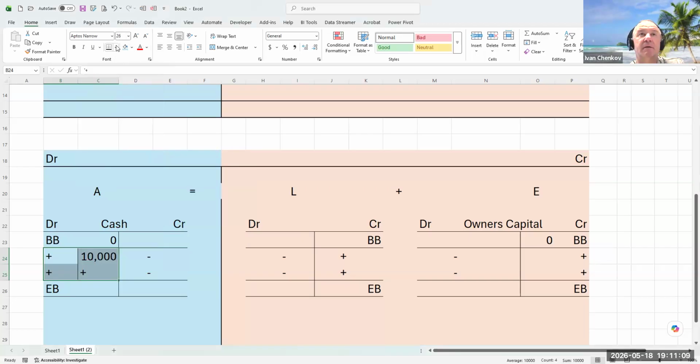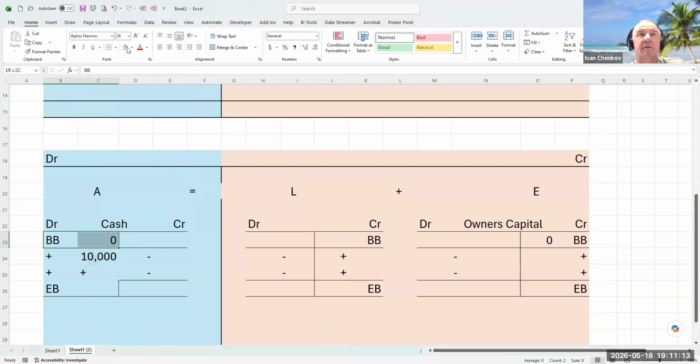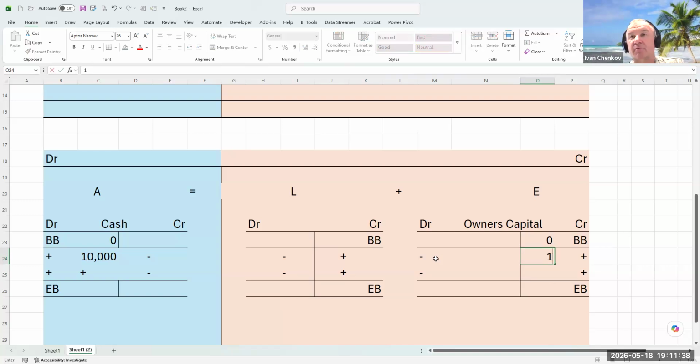Let me find the proper formatting here because I don't like it. That will be proper formatting. So here those negatives, it's going to move here. So in that case, if I want to increase the owner capital, I have to put $10,000 on the credit side.